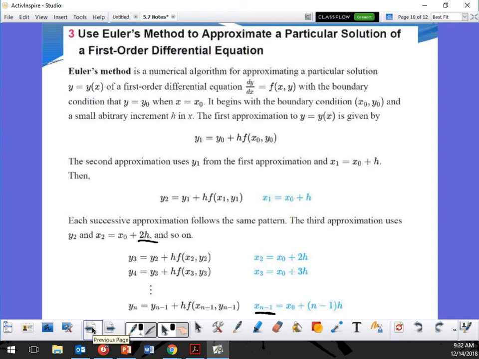Okay, I have my x and y, right? And I'm trying to approximate that one. So what's that going to be? So the first order would look like what?